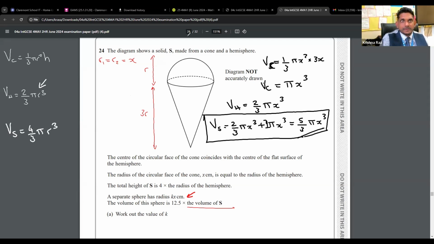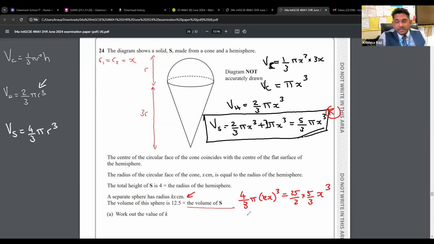So that means we know that 4/3 pi times r cubed, so kx cubed, equals 12.5 times this. 12.5 is 25/2 times 5/3 x cubed. So that's what we're simplifying.